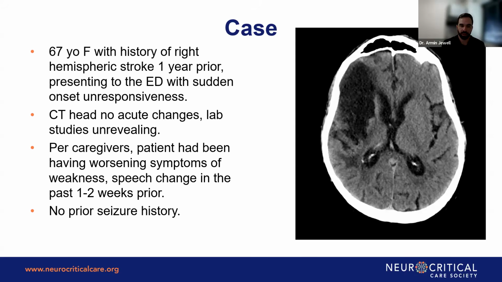In the weeks prior, there had been some worsening of the patient's chronic weakness and speech changes, and there was no prior seizure history. So in a scenario with unresponsiveness like this, there is, of course, sometimes a concern for a prior neurologic injury causing ongoing seizures. And so this is a common use of this, especially in emergency departments, for placing the EEG on to see if there are ongoing seizures.